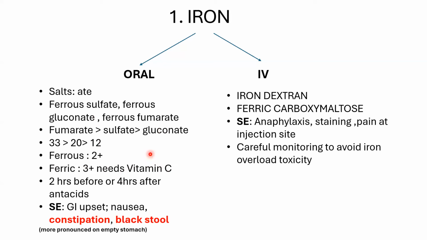Logically, if acid improves absorption, that means antacids decrease absorption of iron, right? That's why if a patient is already on antacids, for example for gastric reflux, or for any other reason, we always need to advise the patient to take their iron either 2 hours before the antacid, or 4 hours after they take it.